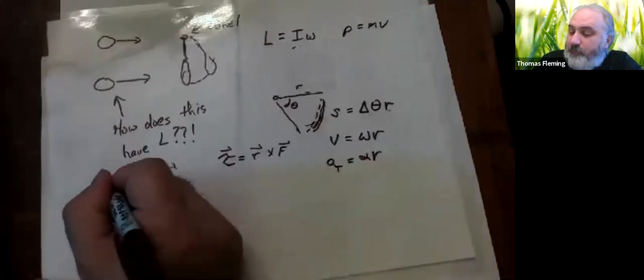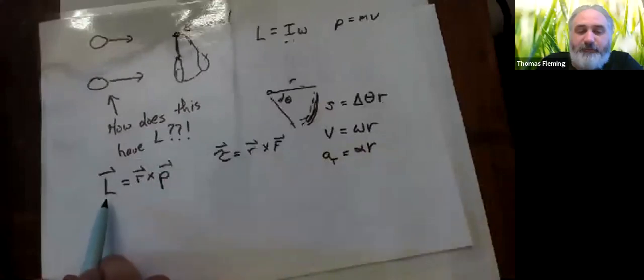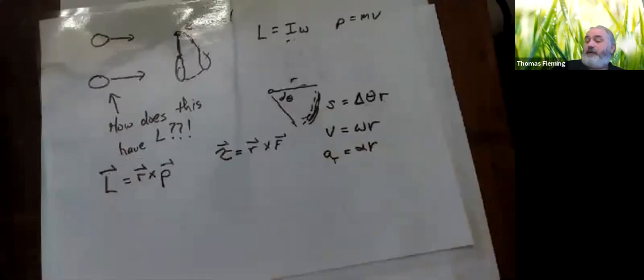Yes, thank you. So L is a vector, and that means that we'll be able to figure out L, but we're going to have to obey the right-hand rule all over again. Yay!